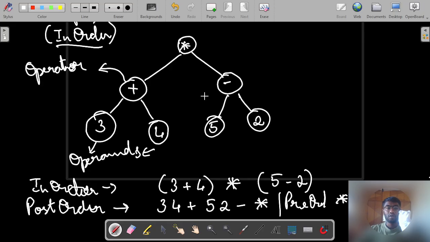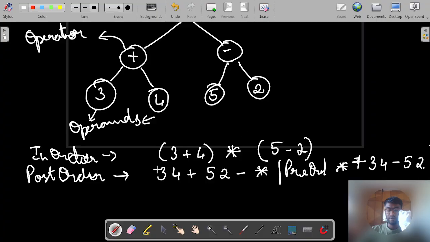So next thing is we can even have these expressions calculated or evaluated, and even transpile or manipulate them using stacks. We can create such expressions using stacks, where let's consider post order as an expression.